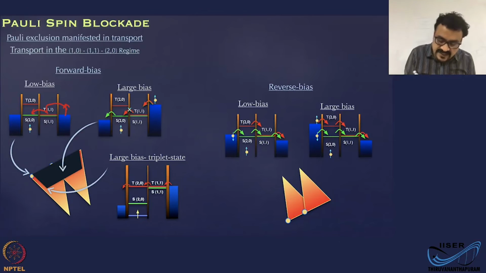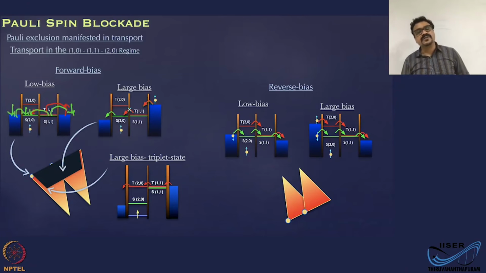This is the drain side according to our notation. So this can go back to the Fermi level and another electron can fit with a spin down. That can tunnel in, spin down, and eventually it can go here.